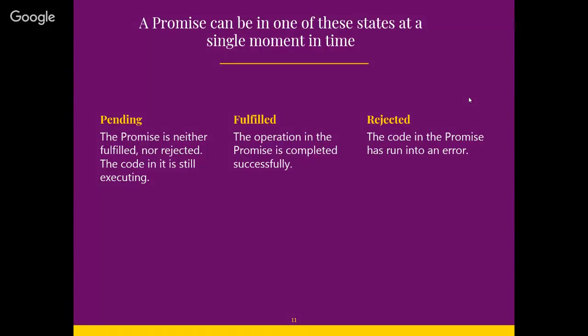Once a promise is not pending anymore, so in our example, the code from the server has come back and we have it ready, the promise has become one of two states. It becomes either fulfilled or rejected.